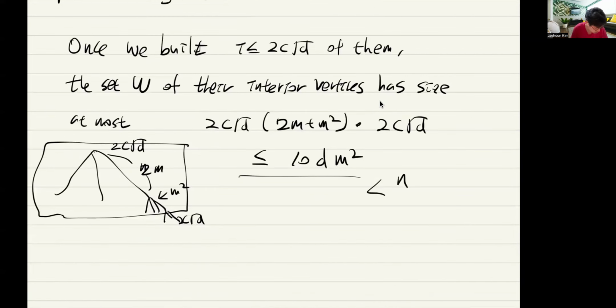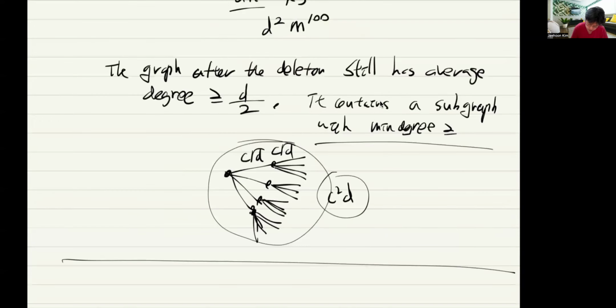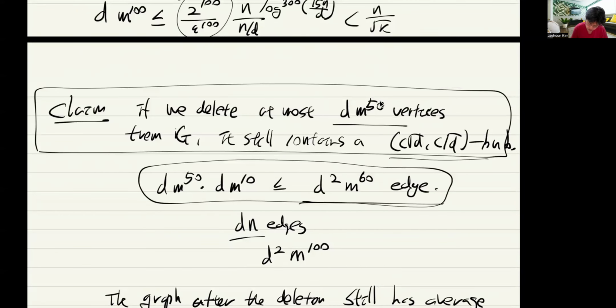And this is smaller than N over like M to the 50. So N over M to the 50.